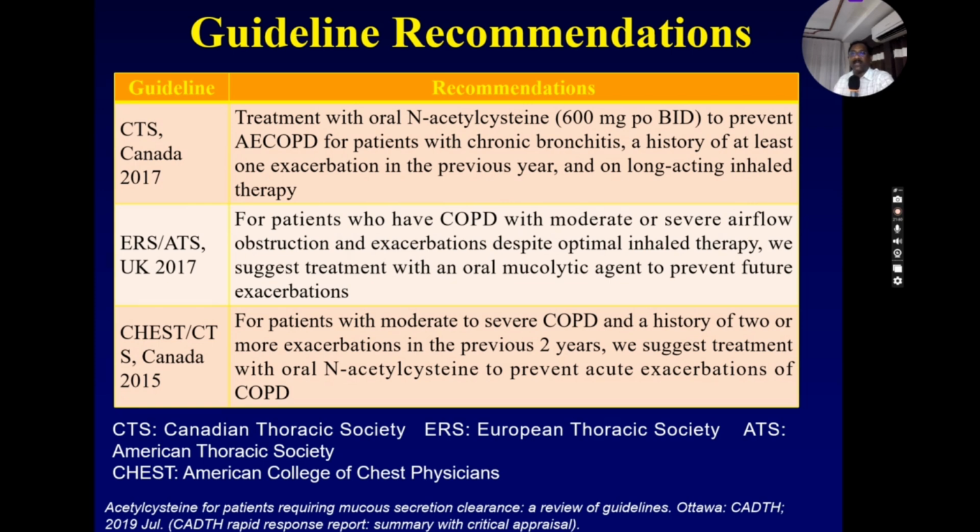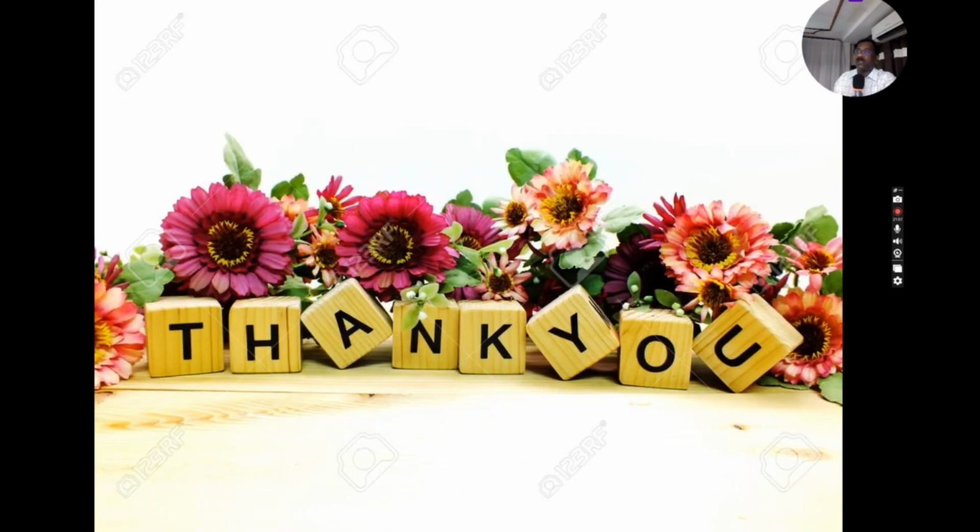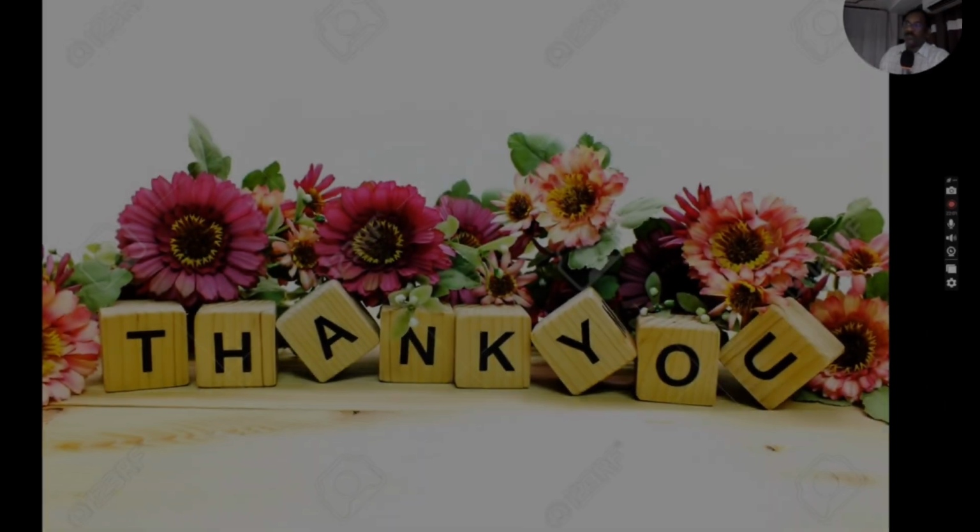Your Canadian guidelines or European guidelines, all the guidelines say that treatment with N-acetylcysteine, especially 600 milligrams, is to prevent acute exacerbation of COPD for patients. That's how these drugs will help you a lot. So thank you very much for your patience.